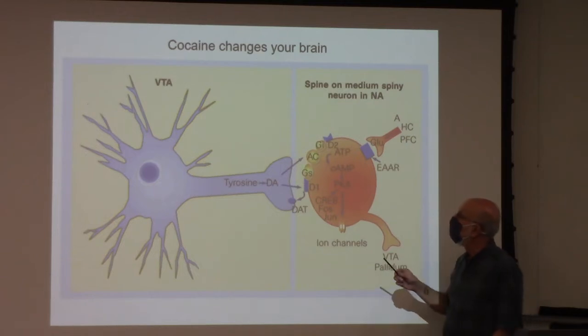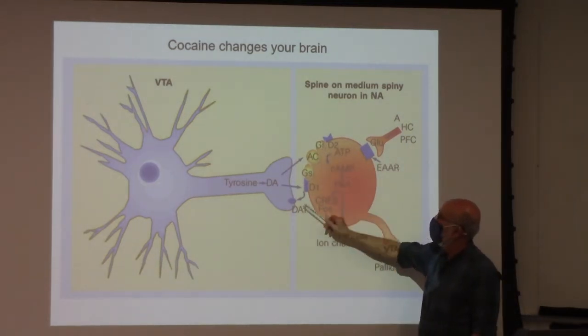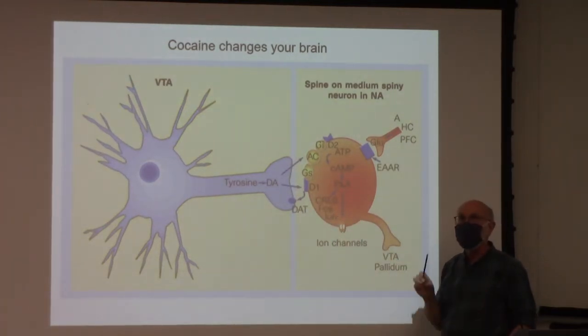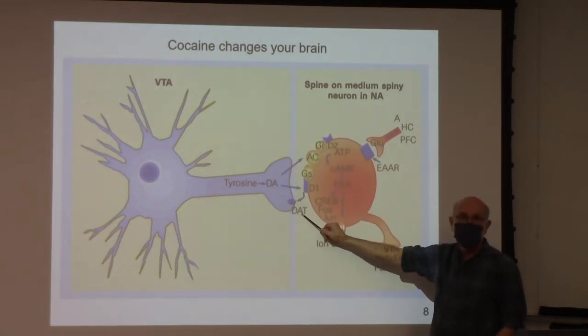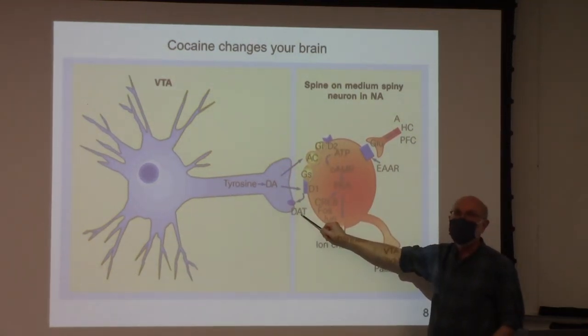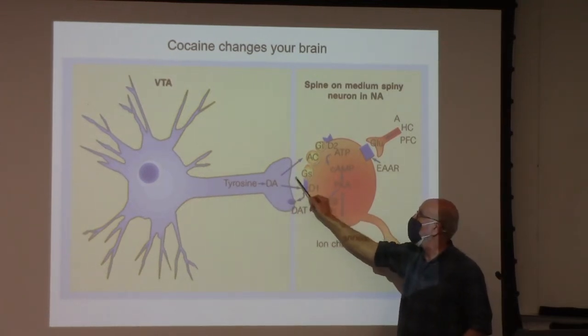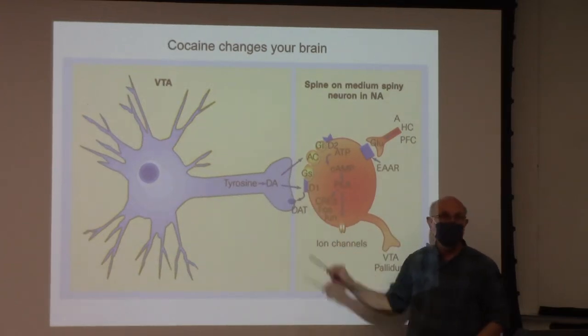So I could ask you, okay, if I give you one bit of information, cocaine is an inhibitor of the transporter that transports dopamine from this synapse back into the presynaptic cells.